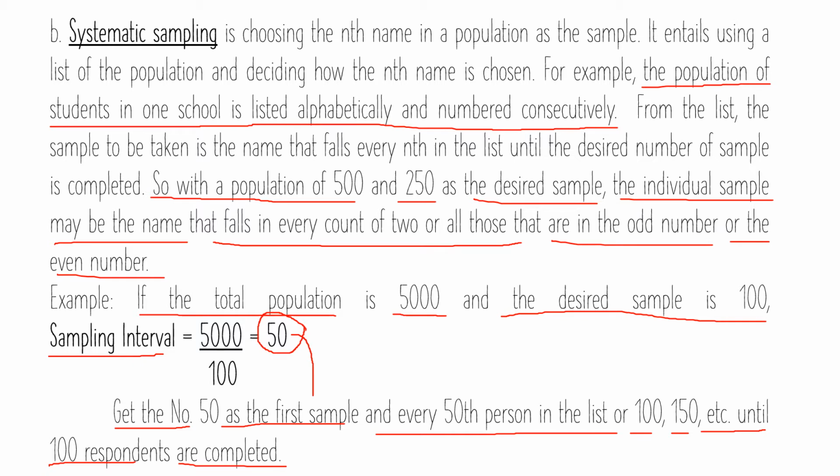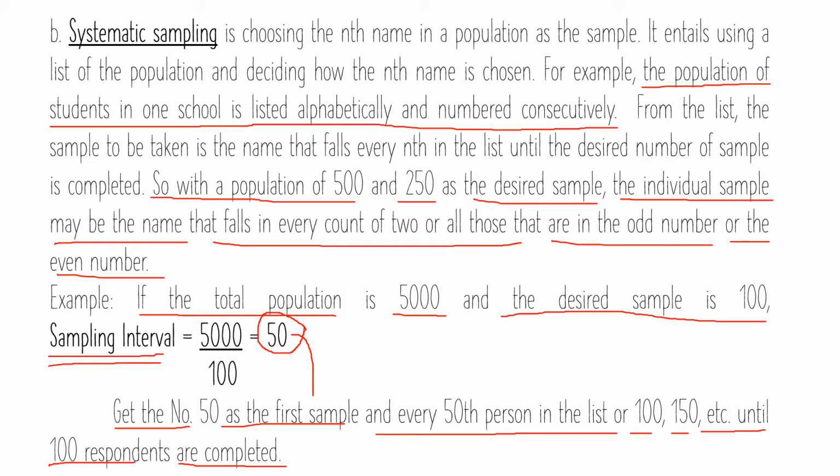Now, systematic sampling is somehow similar to simple random sampling, but it is usually slightly easier to conduct because there is a sampling interval involved.